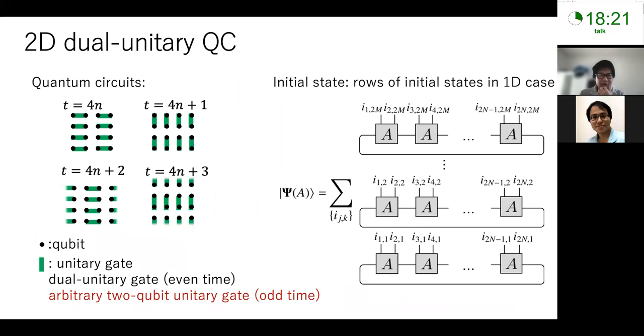And next, we move on to the generalization of dual-unitary quantum circuit to higher dimension, specifically two-dimensional quantum systems.